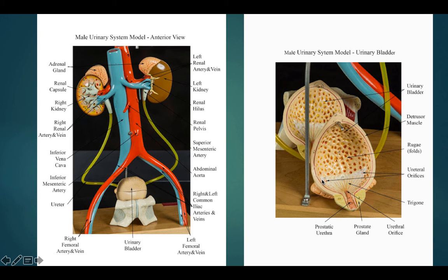What it consists of is these two ureteral orifices, the openings where the ureters come in, and those are on the posterior side. Then more anterior, you're going to have the urethral orifice.